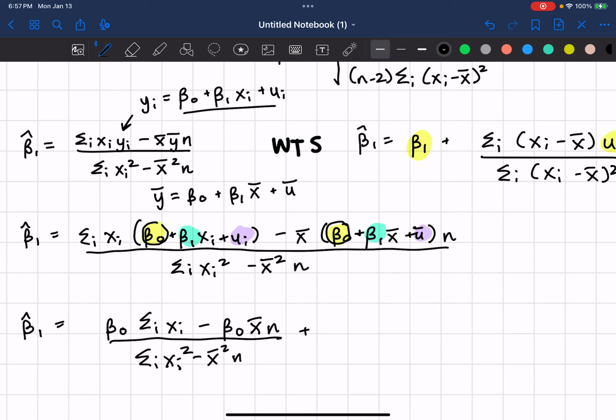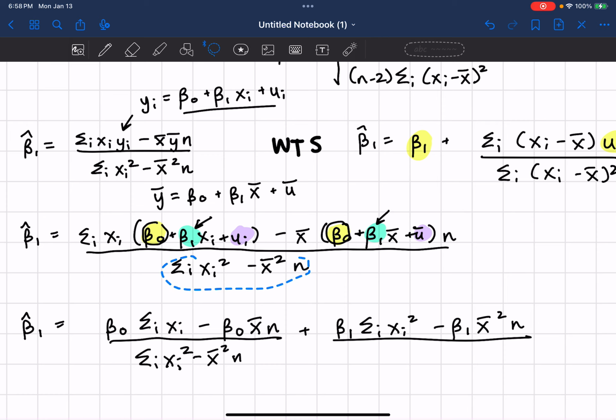Then I want to focus on the part with beta 1 in it. So my first part is beta, I'll work on this. Beta 1 sum i xi squared minus, now this part, beta 1 x bar squared n, and then all that divided by the same denominator.